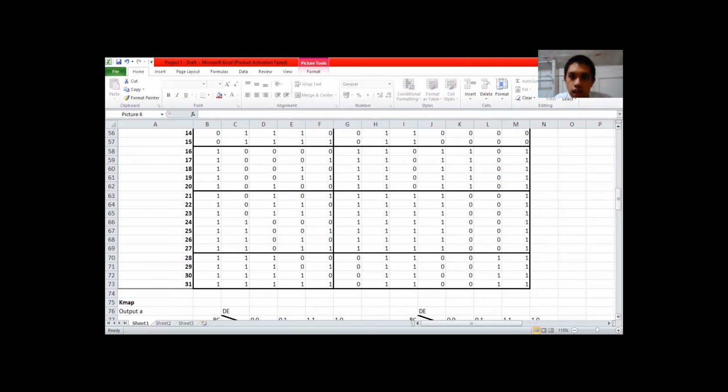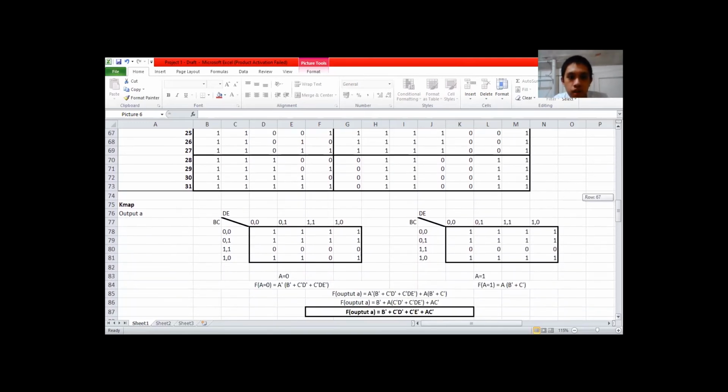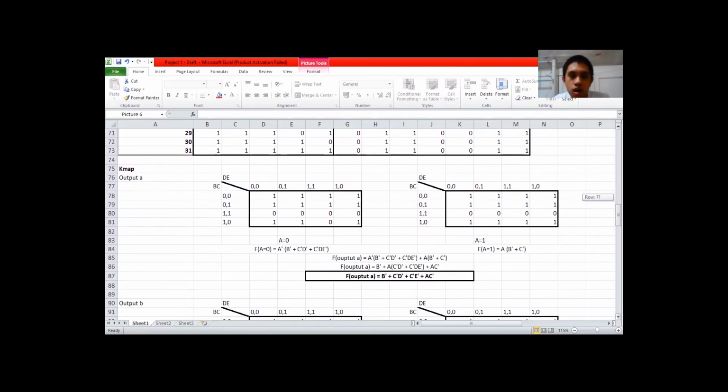So the next is the K-mapping. Each of the outputs is analyzed in order to obtain a logic function by the use of K-maps, specifically the sum of products.